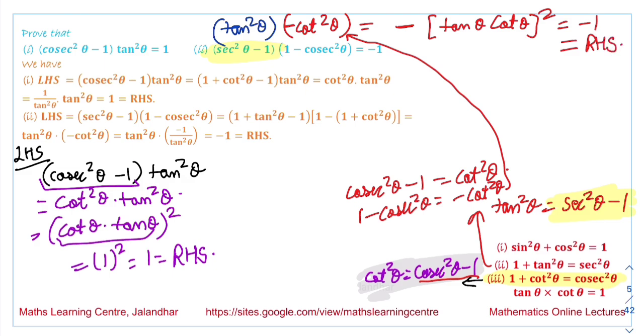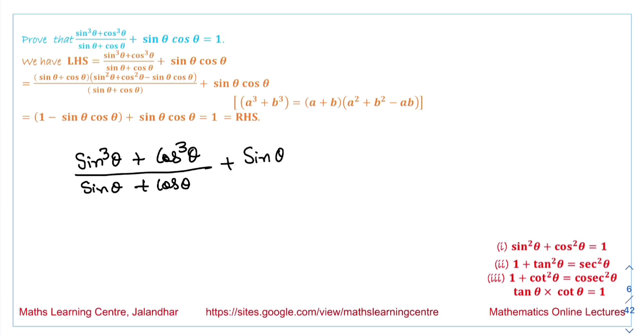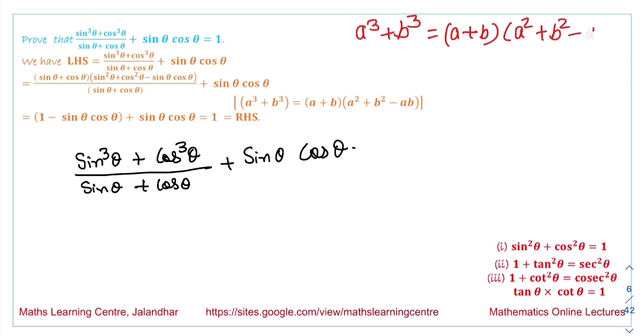Next is sine cube theta plus cos cube theta over sine theta plus cos theta, plus sine theta cos theta. Now we know the identity that a cube plus b cube is equal to a plus b into a square plus b square minus ab.